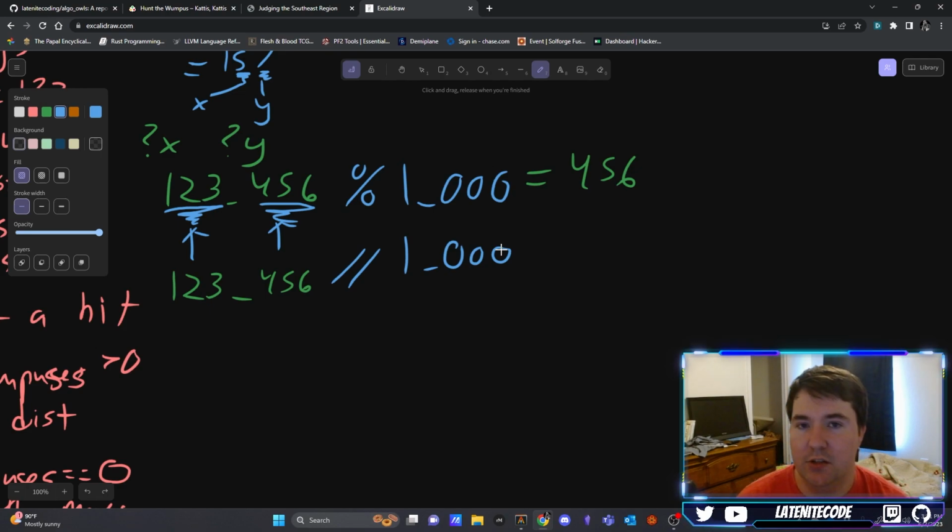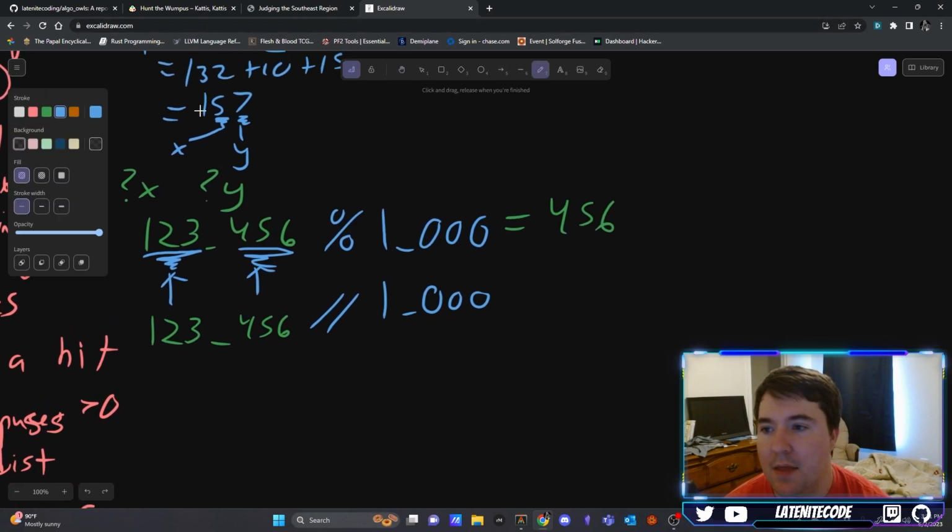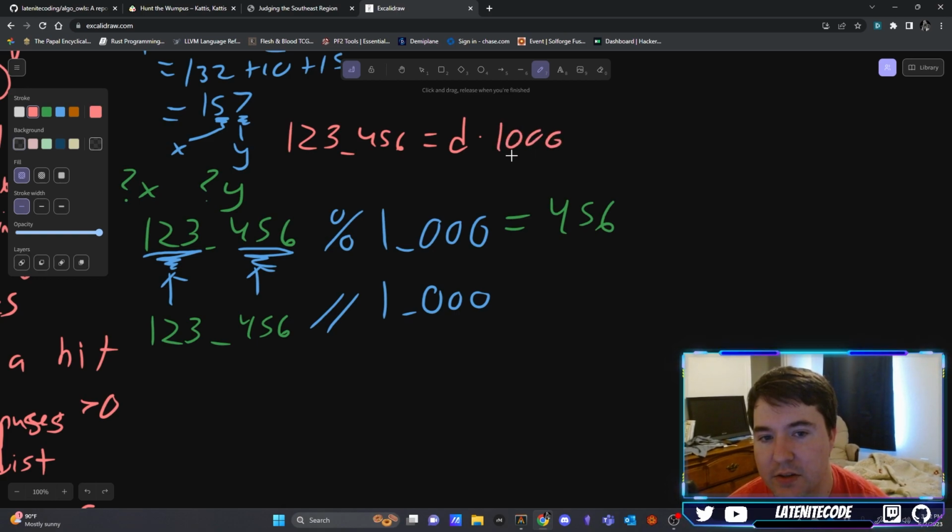And if the remainder in this case is 456, it has to be eliminated. But what would the integer division report? It's always going to report that coefficient factor that you multiply 1000 by in that formula. Now, again, if you're not very familiar with the formula that I'm talking about, it basically looks like this, which is to say that 123,456 is equal to some d times 1000 plus r, where r is the remainder.